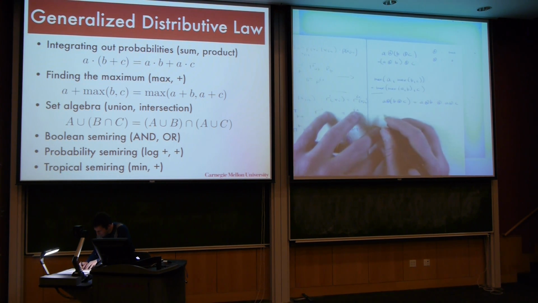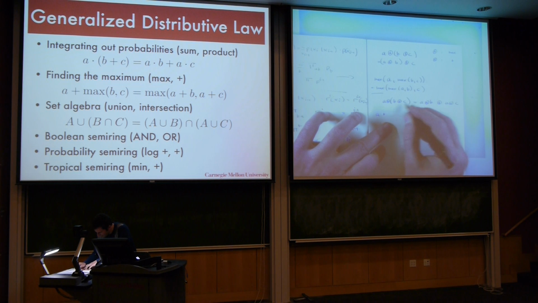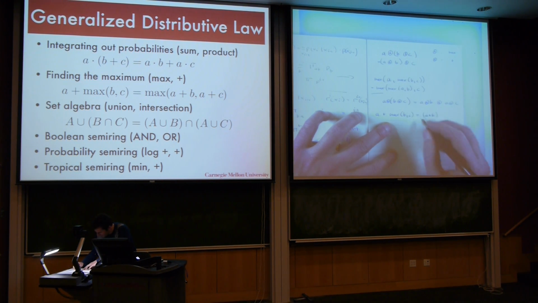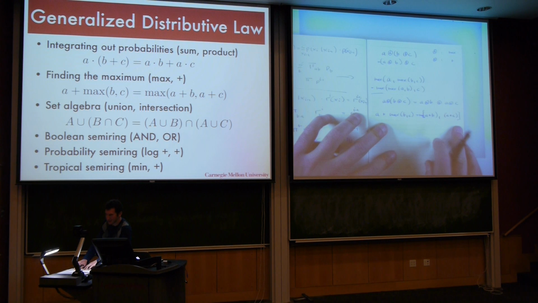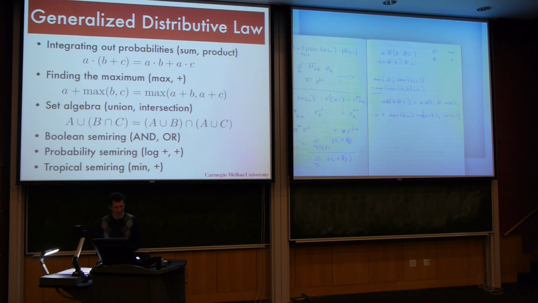So I need to therefore check that A plus, here we have the max of B and C, equals A plus B, now the plus is a max, so we have the max here, and A plus C. And I guess that's again self-evident that this is true. And you can do this for the other 4 cases there.